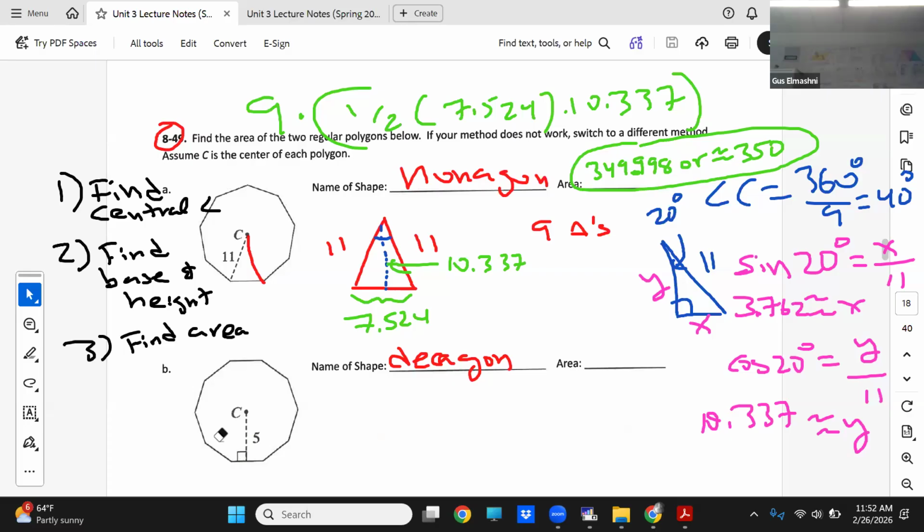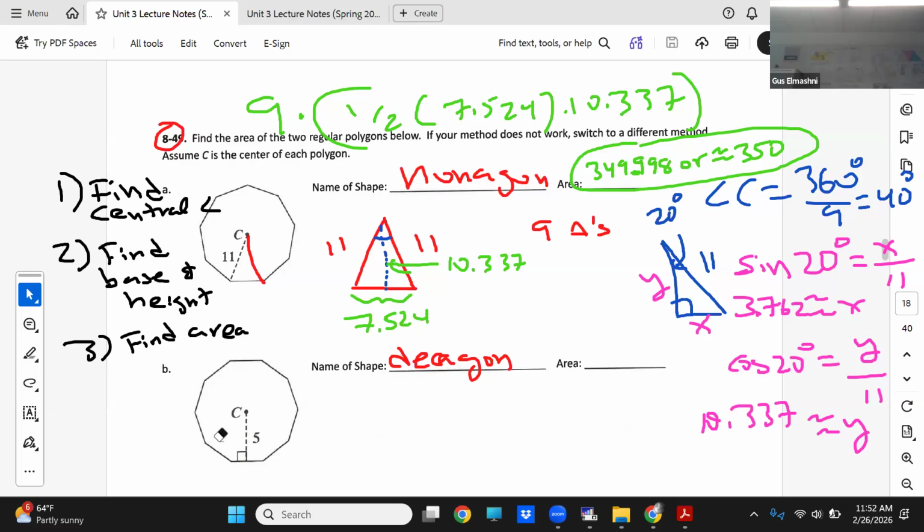For the second shape, can we assume that from each angle to the center is also 5? From here to here, from each angle to the center also? Yeah, they're all going to be the same everywhere, right? You're going to create 10 congruent triangles. But the 5, by the way, is not the slanted side.